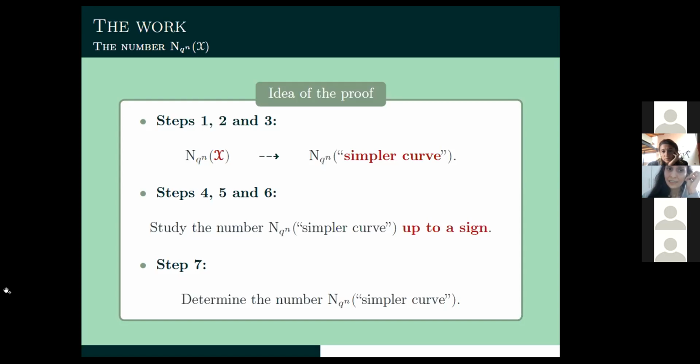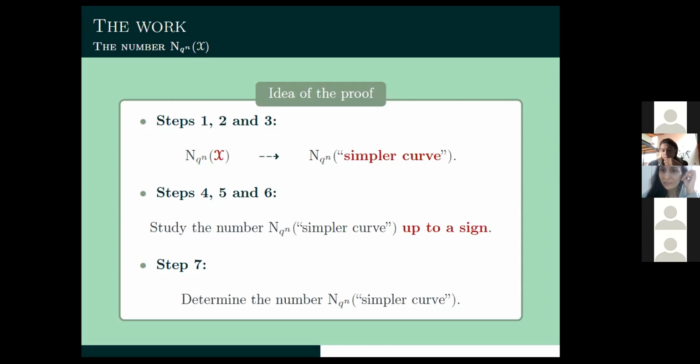The second part here, where we determine the number of rational points in the simpler curve, we use quadratic forms to make this work. So we have some references to do this. And the last one, we have 2 steps.